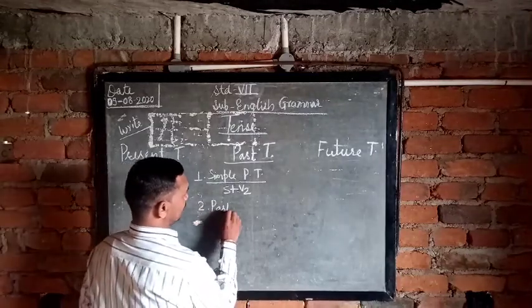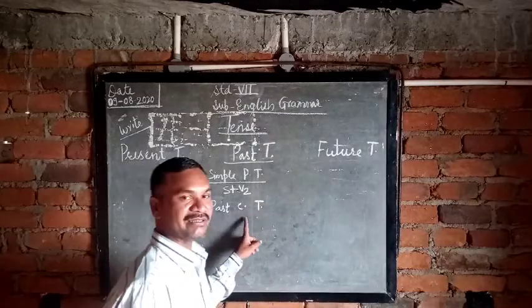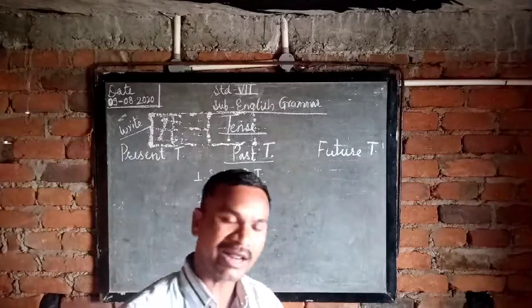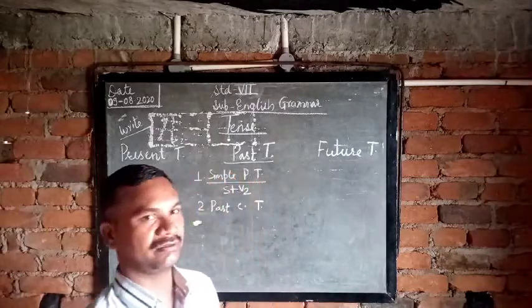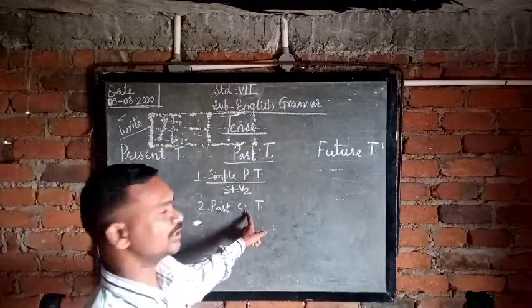Past continuous tense. This continuous word has another word, progressive tense. So this continuous we can say is progressive also.